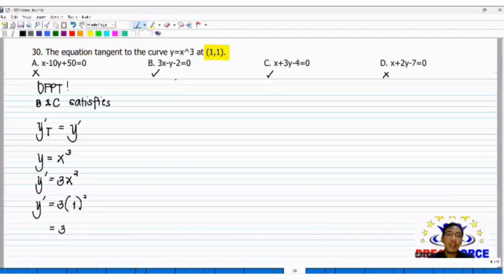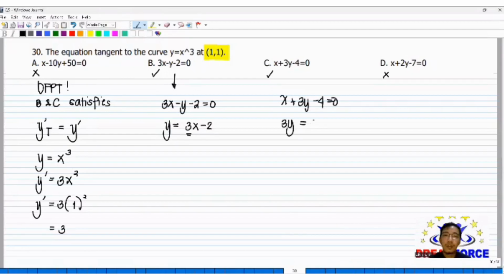Ngayon, sa choices, hanapin natin yung may slope na 3. So, eto, we have here 3x minus y minus 2 is equal to 0. Gawin lang natin siyang slope intercept form. So, y is equal to 3x minus 2. Ano yung kanyang slope? 3. Automatic, yun na yung sagot. Pero check natin muna to. X plus 3y minus 4 is equal to 0.